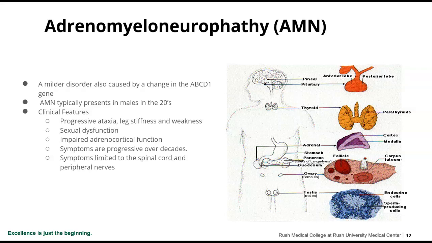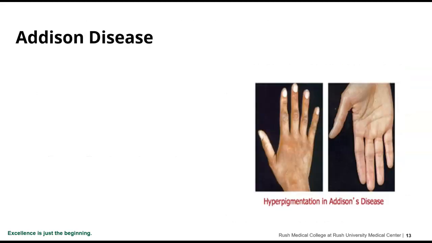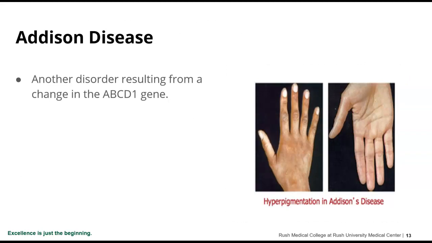Progressive ataxia, leg stiffness, sexual dysfunction, impaired adrenal cortical function. They can present slowly over years, and symptoms are usually limited to the spinal cord and peripheral nerves, with slow progression of injury to myelin and axons. And then finally, Addison's disease.